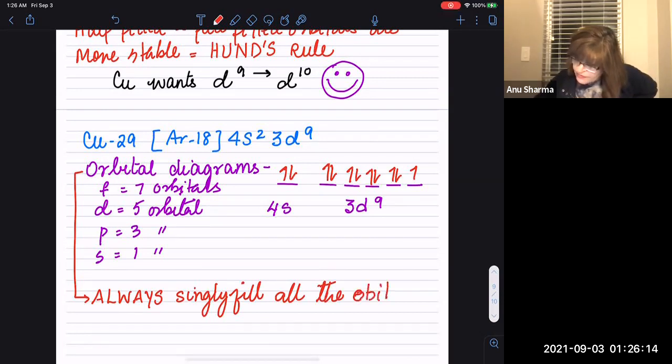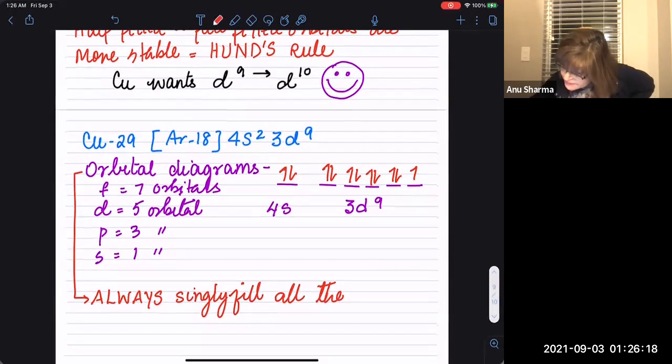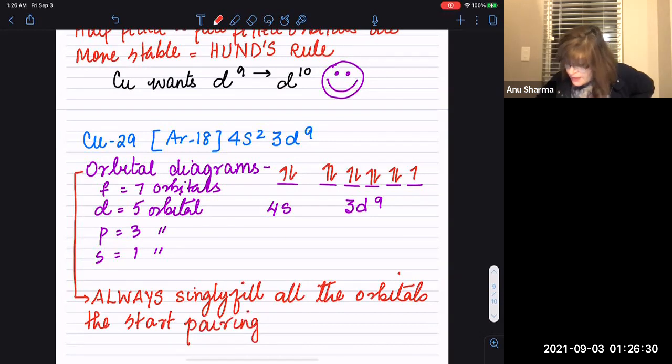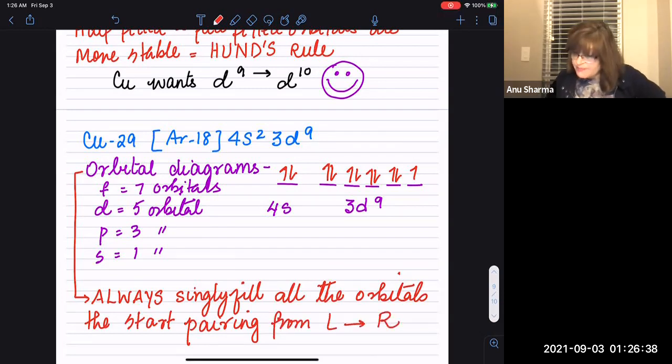Okay, first fill all the orbitals singly occupied. Then start pairing, from left to right. Okay, so that's how I paired it.